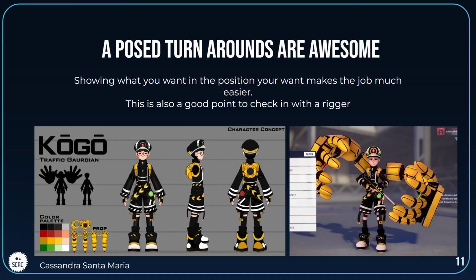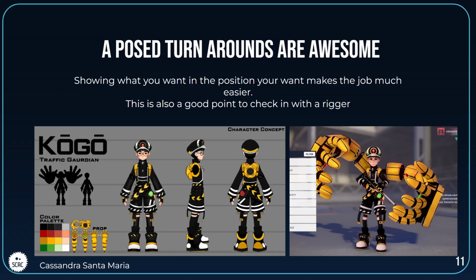Also, when it comes to posing your characters for your modelers, trying to stick with a good A pose for your concept is really helpful. Because as much as we can see one-to-one how you would like something to look, that's really the best case scenario because it leaves less to be interpreted. So try your best to foresee what the rigger is going to want.